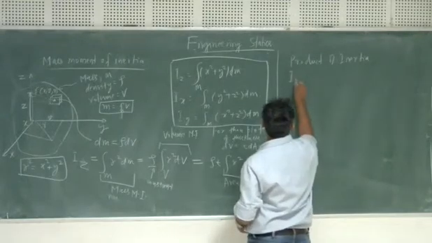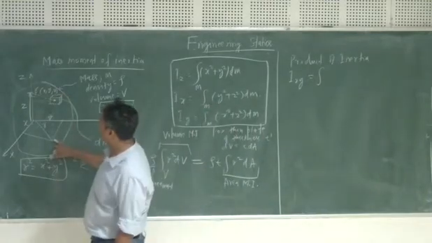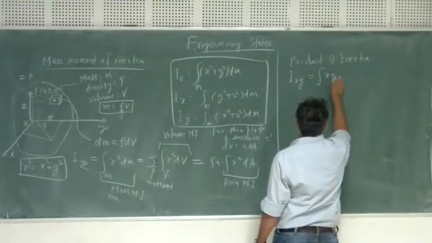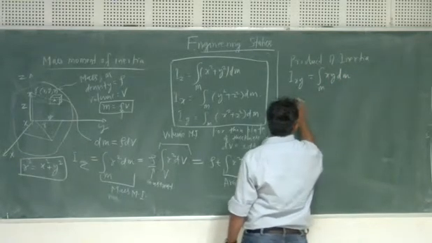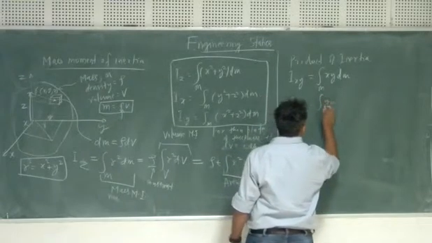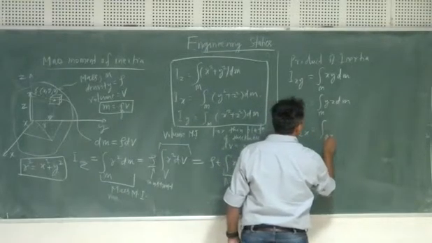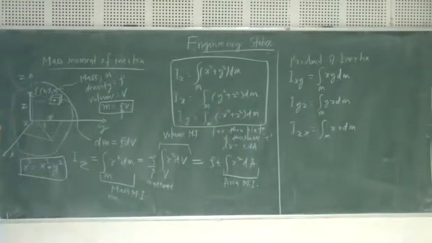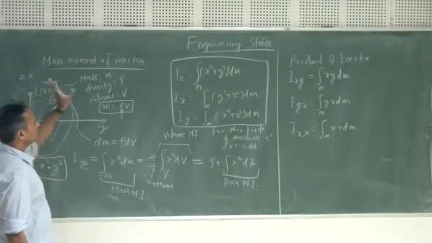So if you have to find out Ixy, you will see that on xy this will be just x y into the mass dm. Similarly, Iyz we will have y z dm, and then Izx, which also define the product of inertia in space. However, product of inertia has to be defined over a given plane, and there are x, y, z planes.